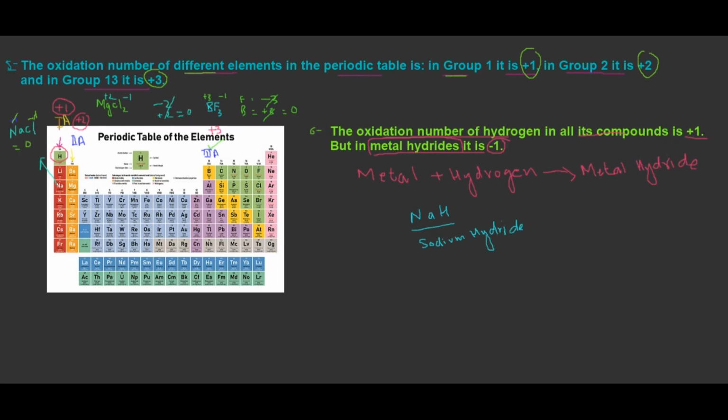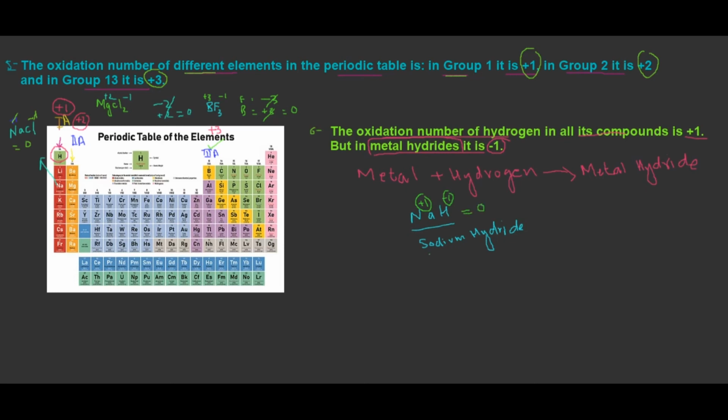Now in this sodium hydride, sodium has +1 charge, because as we have studied in the fifth rule for assigning the oxidation state, the sodium atom belongs to group 1A, so it has +1 charge. So hydrogen will have -1 charge. So +1 and -1 will cancel out. Algebraic sum would be 0.